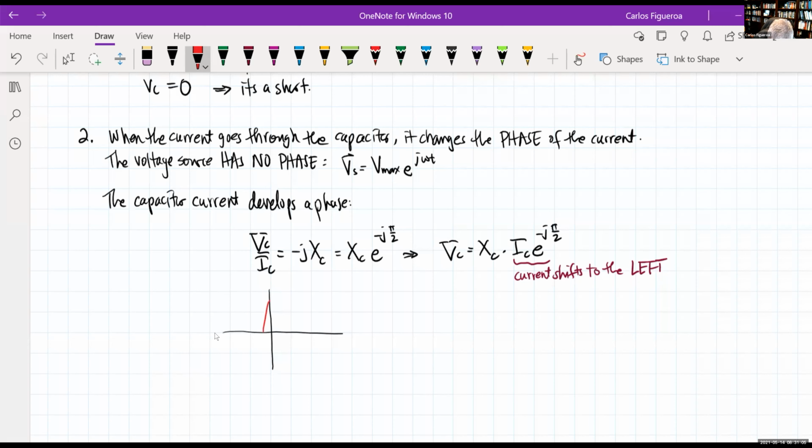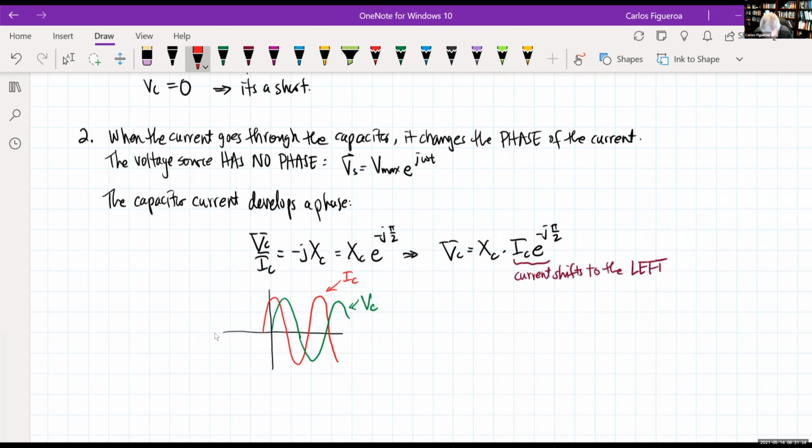So the current's going to look something like this. Okay, there's the current. And so if I look at the voltage then gets shifted. So this here is the voltage of the cap, and this guy here is the current of the cap.